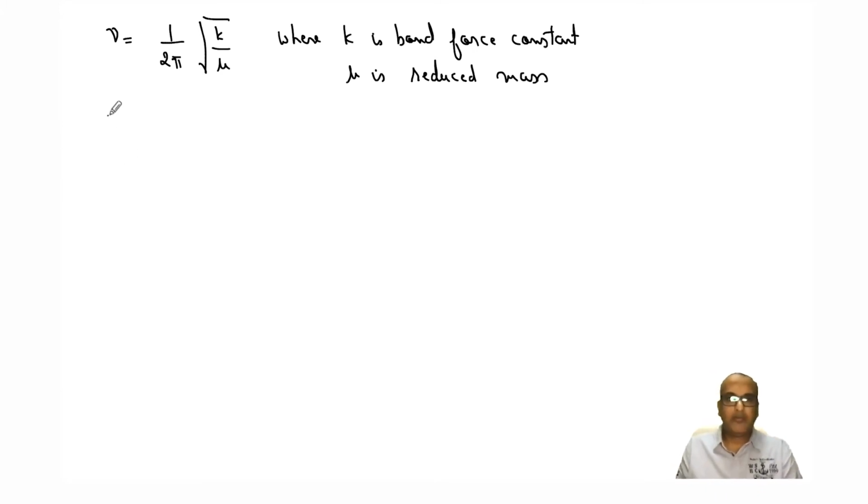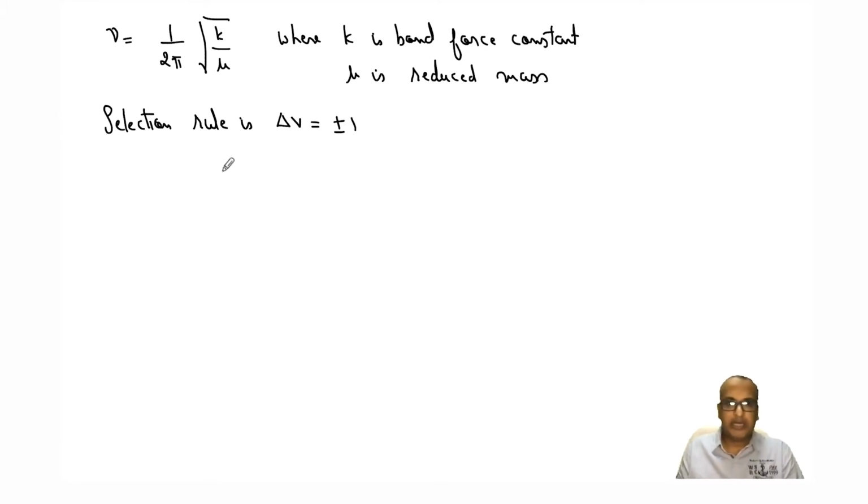So selection rule for vibrational spectroscopy is delta v should be plus minus 1. So you can only carry out transition between v equal to 0 to v equal to 1, or v equal to 1 to v equal to 2, and so on, right?